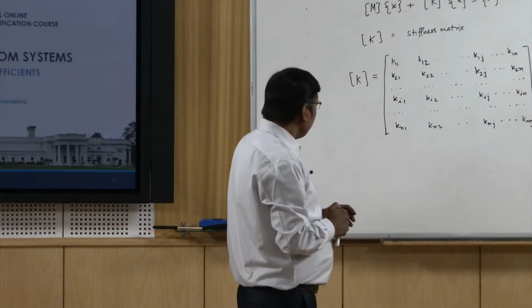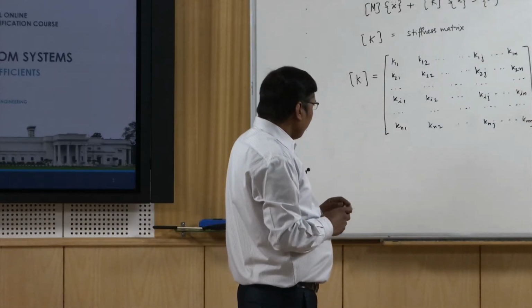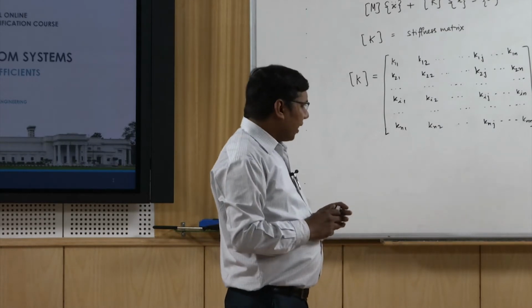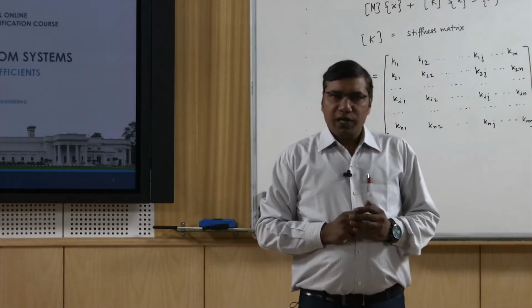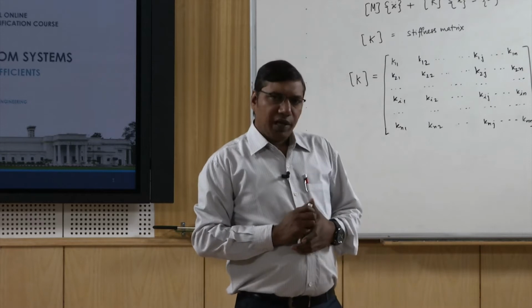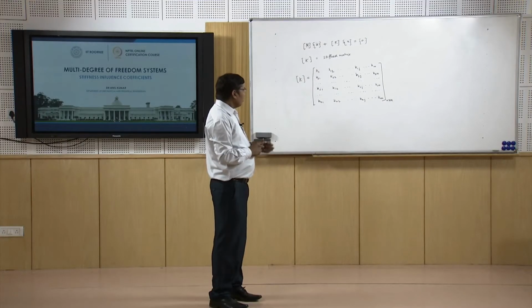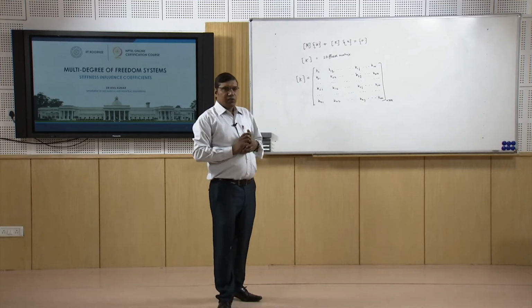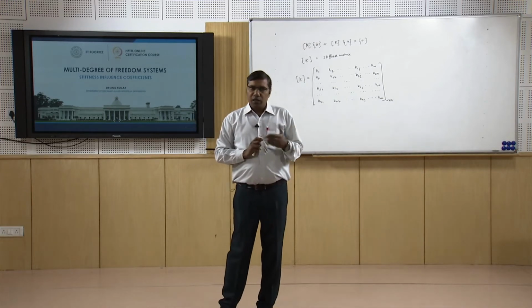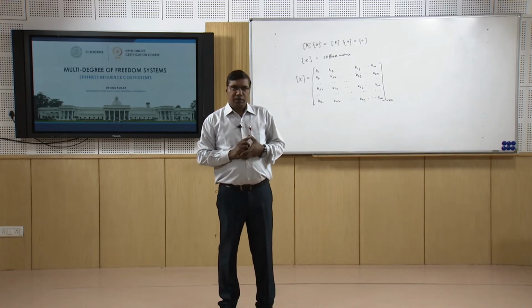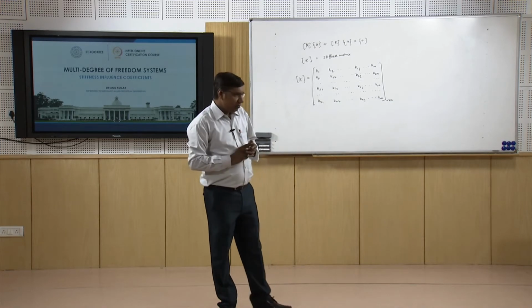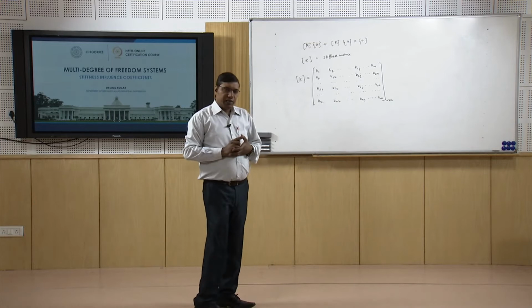Its elements are k11, k12, up to knn. We can find these and make this matrix, and we can use it directly in that equation. So we don't need to write the equations of motion and then prepare this matrix. We can directly prepare the stiffness matrix.